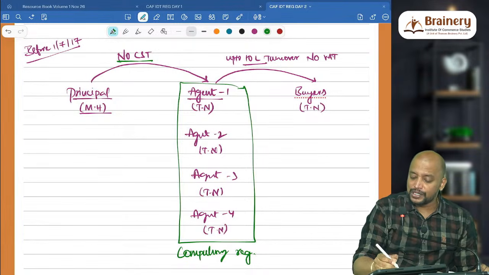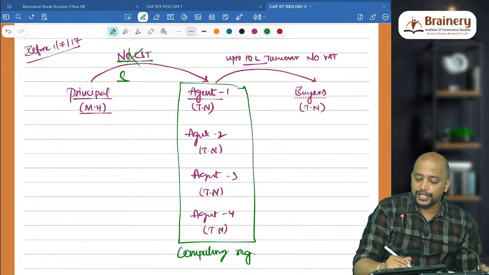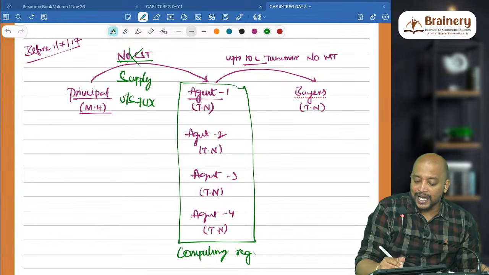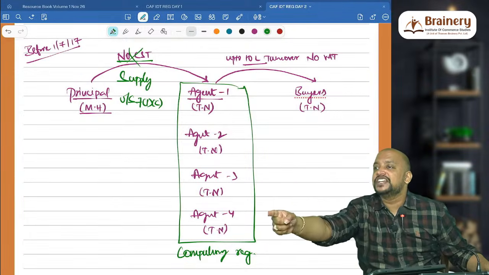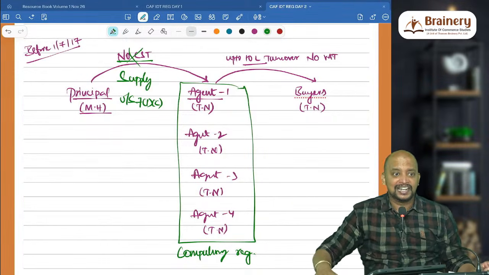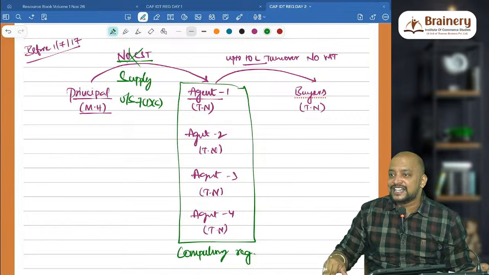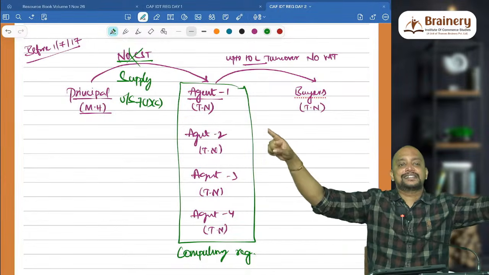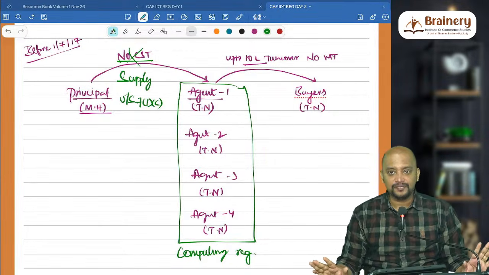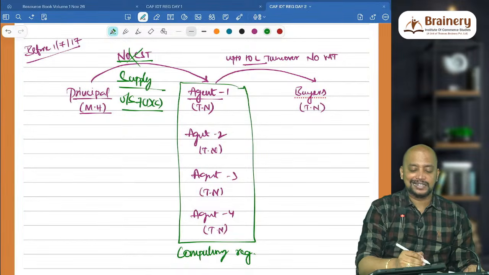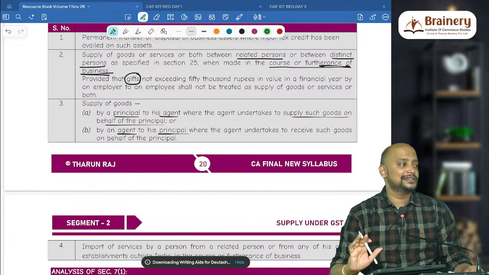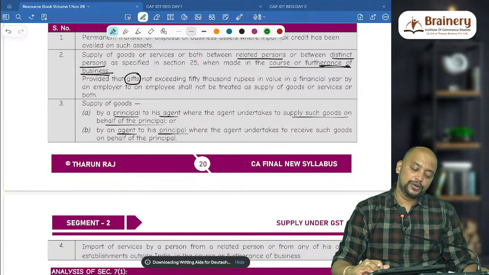So principal to agent, now they wanted to make it a supply under section 7(1)(c). So the principal will pay GST, naturally he will recover it from the agent, and the agent will take the ITC, so that the chain is established. Is it clear? Understood? That's why they brought the principal-agent transaction into supply. That is the third point. Clear?